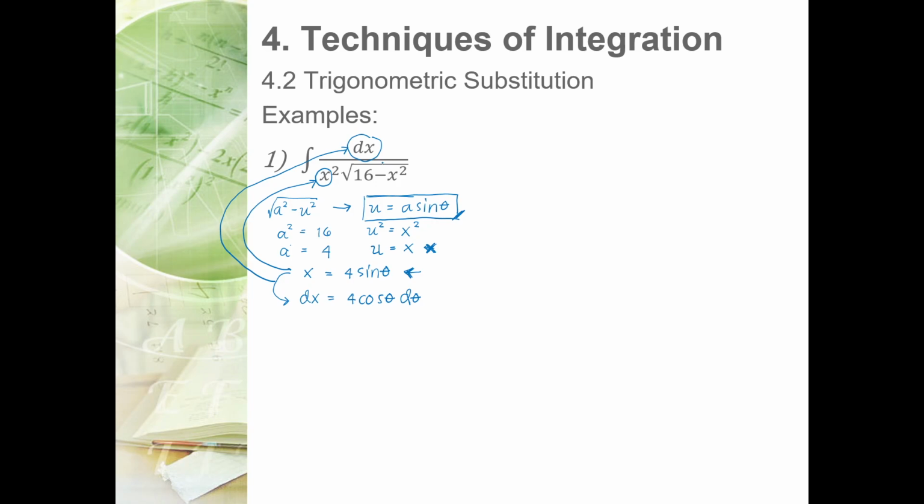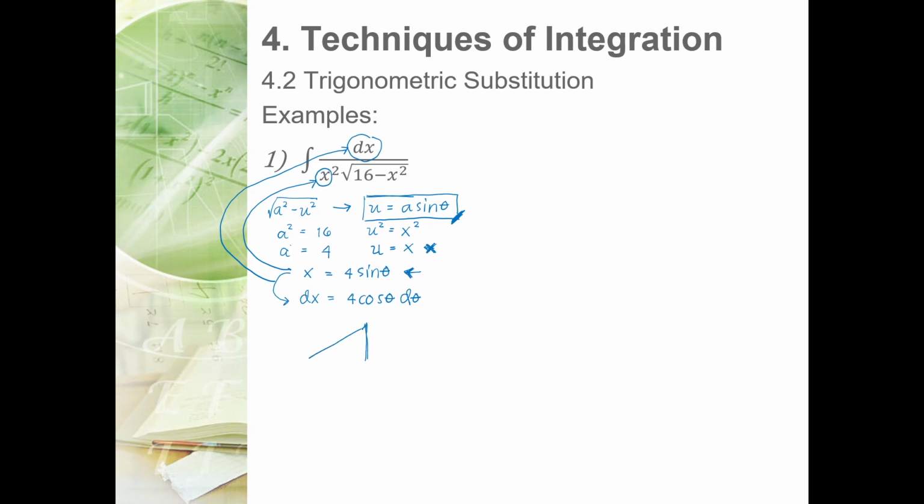What's left for us to substitute is your square root expression, which is the square root of 16 minus x squared. So how do we eliminate the square root of 16 minus x squared? Of course, we're going to utilize the formula again. Notice that it's a sine function. Again, your sine, cosine, and tangent functions all come from the right triangle.